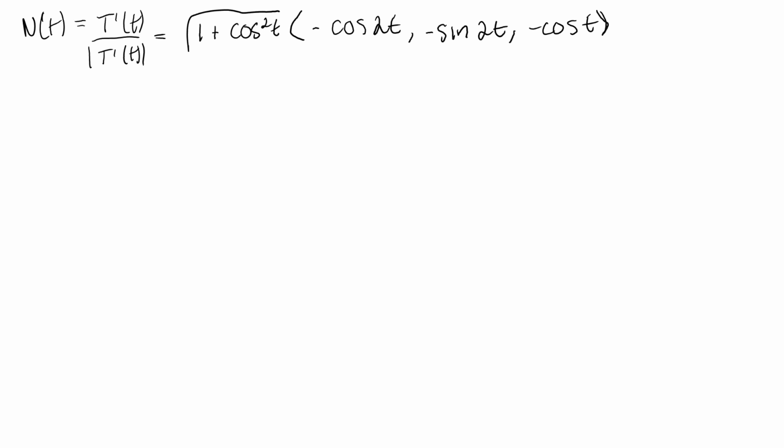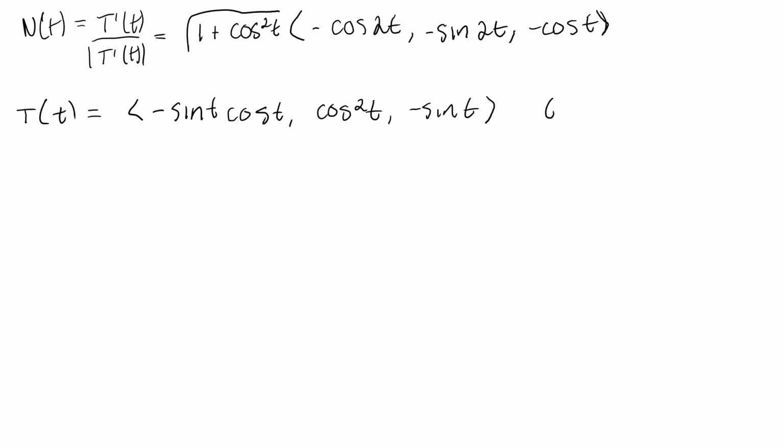So from here we have T and we have N, so we're going to cross them. To make our lives easier, we're going to plug in t equal to 0 for both of them. Recall that the tangent vector is negative sine t, cosine squared t, and negative sine t.